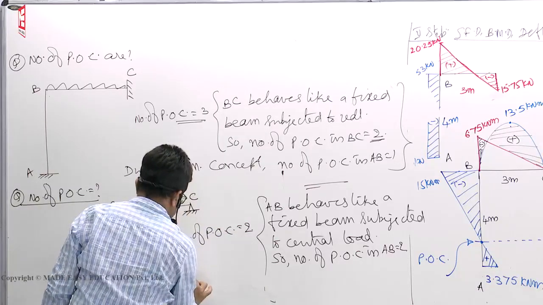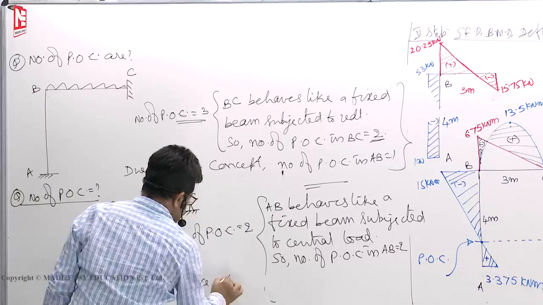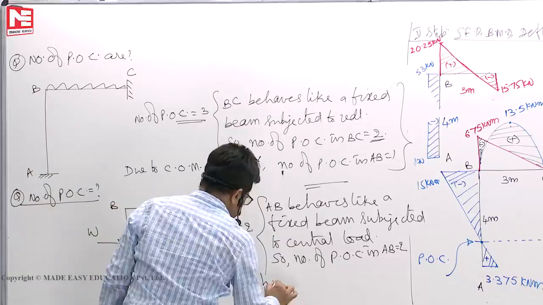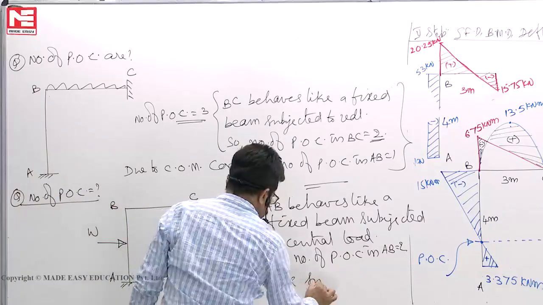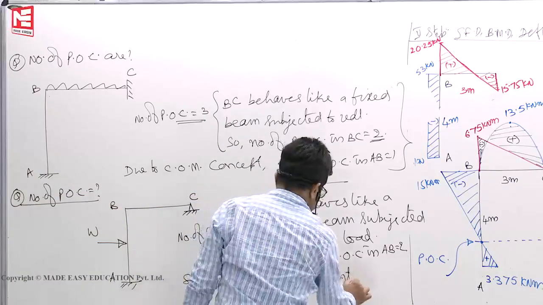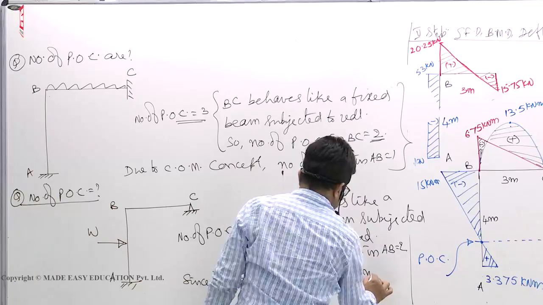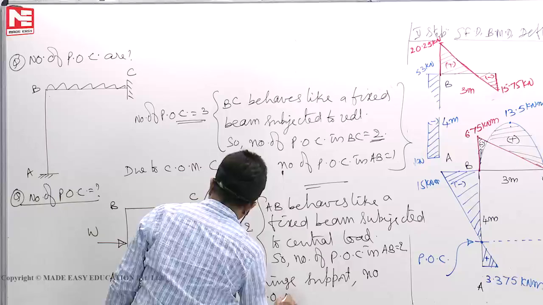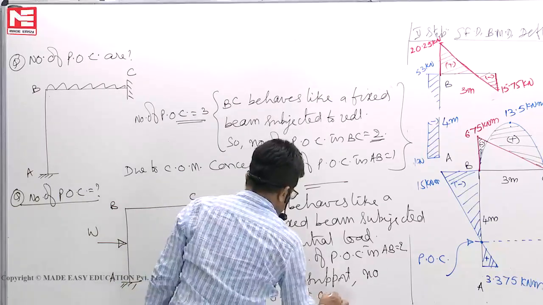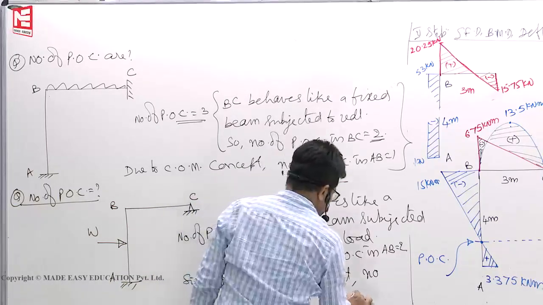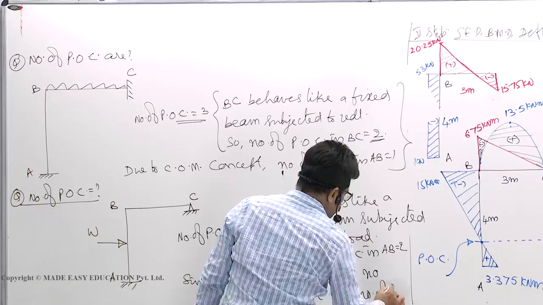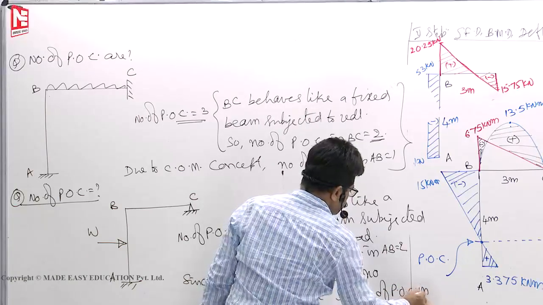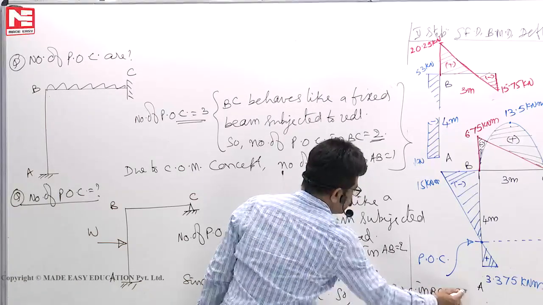Next, since C is a hinge support, no carryover moment at C. So, number of POC in BC is equal to 0.